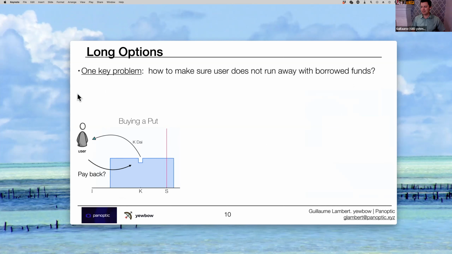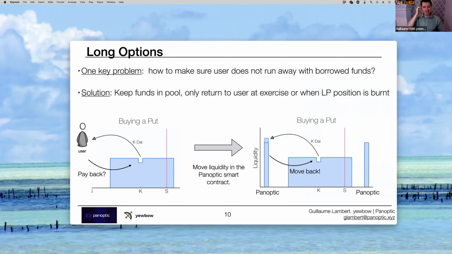The way we solve this is that the funds don't leave the Panoptic Uniswap ecosystem. The funds that you borrow don't go to the user, they go somewhere else, in a different smart contract in safekeeping, if you want. And the user has control of them. But at the end of the day, if you have to pay it back, you don't have to look through the wallet of the user, you just have to look at the smart contract balance.